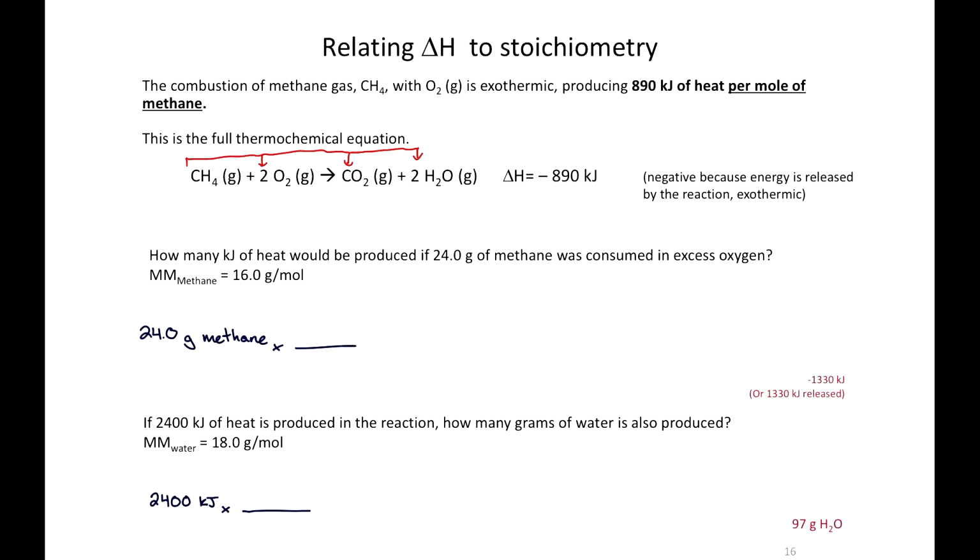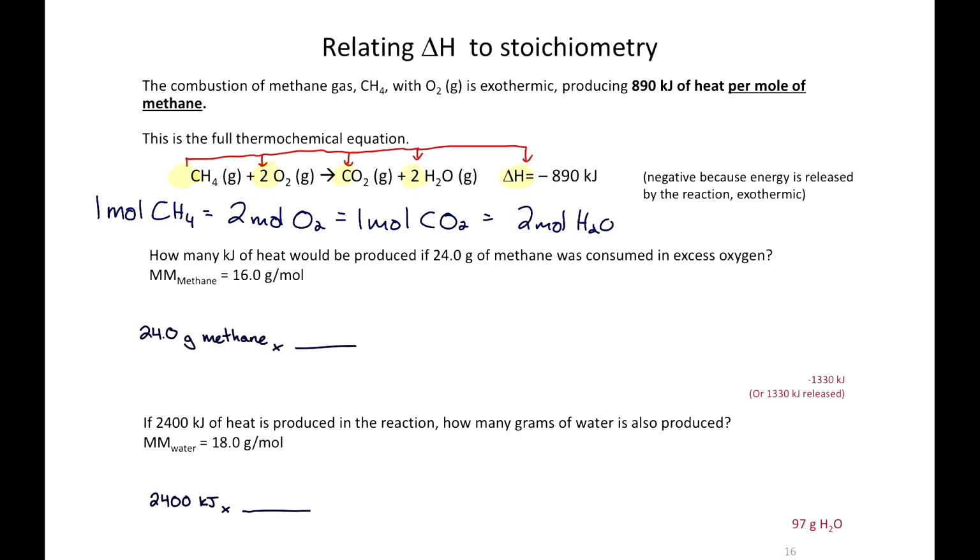So what a thermochemical equation allows us to do is, as long as we're in the unit of moles, I can also make the relationship to delta H. If I write all of these equalities out, I can just use the stoichiometry that's already here and relate it to the delta H value that's given. So if I write out the full equality here, I can say 1 mole of CH4 is equal to 2 moles of oxygen, which is equal to 1 mole of CO2, which is equal to 2 moles of H2O.